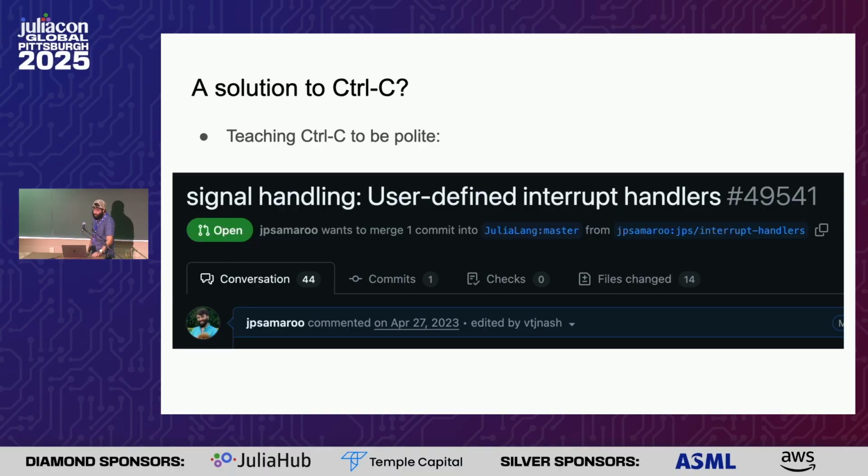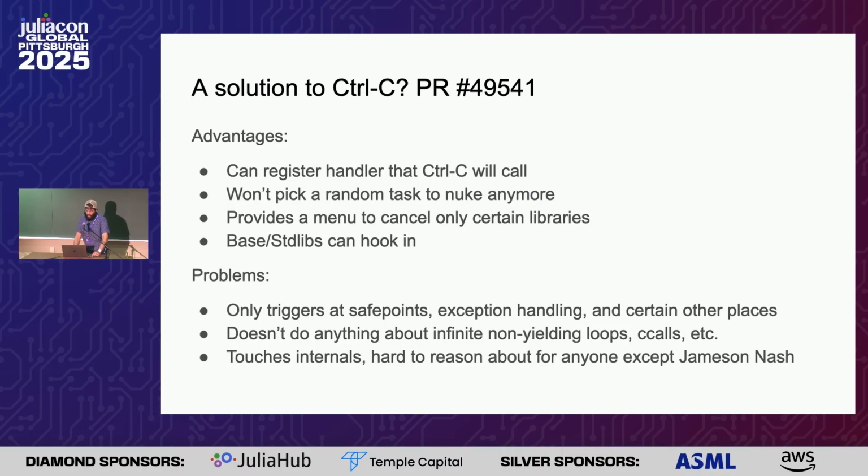So, a potential solution to Control-C. I put together a PR over 2 years ago, and I still have not gotten it merged. That is my fault. That's nobody else's fault. It basically tries to fix this issue of Control-C's behavior by doing a few things. What it lets you do is say, I'm going to register a handler with Julia's runtime, and when Control-C is hit, Julia's runtime is going to call that handler.